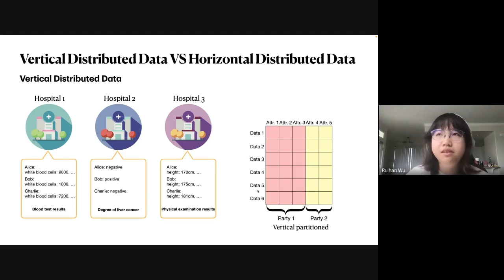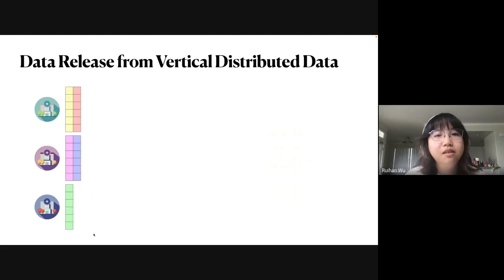Then in this data matrix, each party has all individuals, but they hold different attributes, which are the columns here. Here the data is vertically partitioned. So different hospitals have their own database.